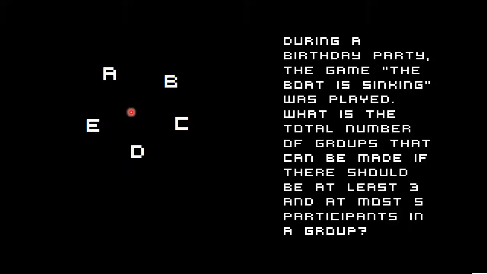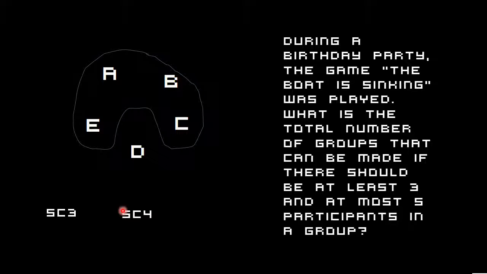For creating a group or a word of 3 letters, we'll use the formula 5 combination 3, since we are selecting 3 members to form a group. And when we are creating a group or a word of 4 letters or participants, we'll use the formula 5 combination 4, since we are choosing 4 letters to form a word from the 5.